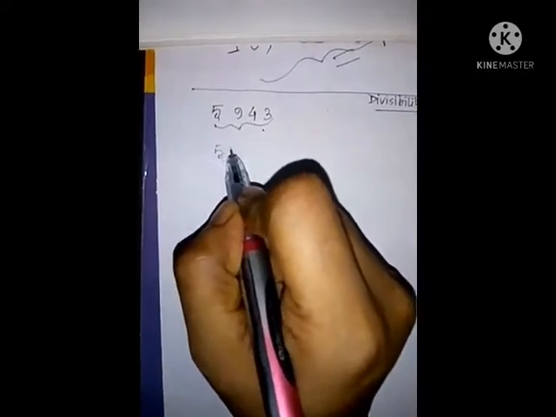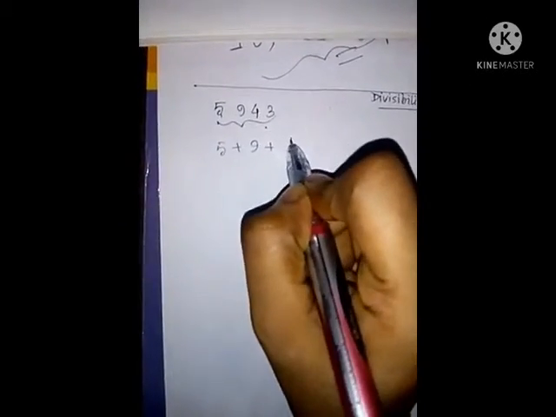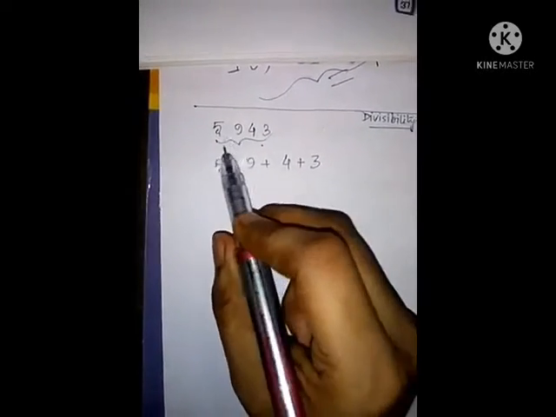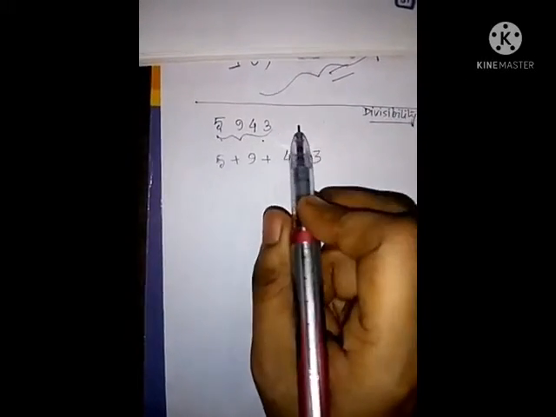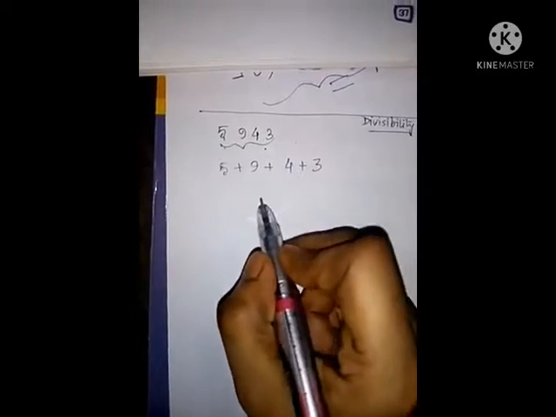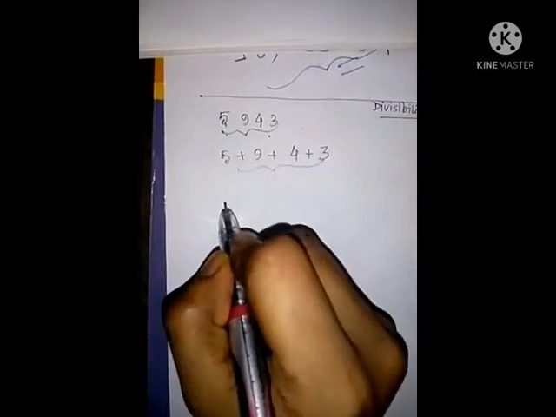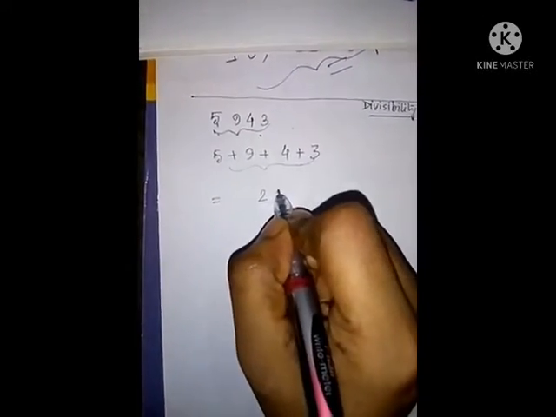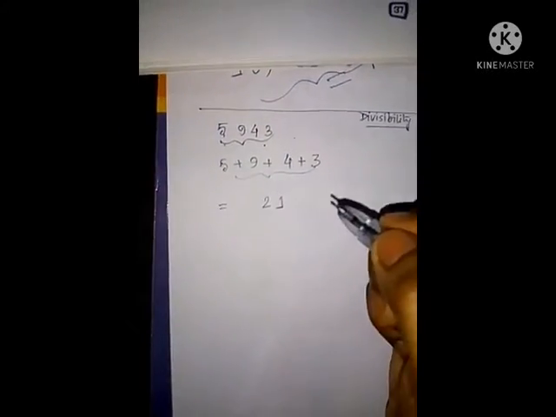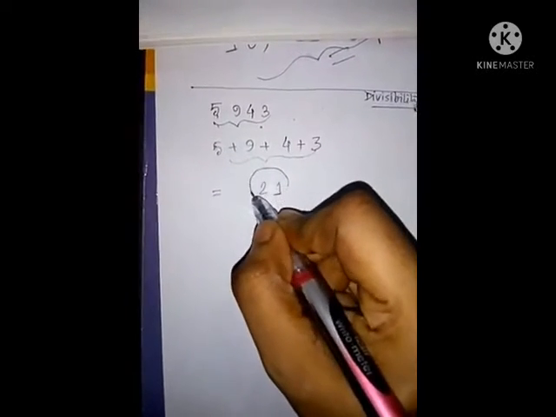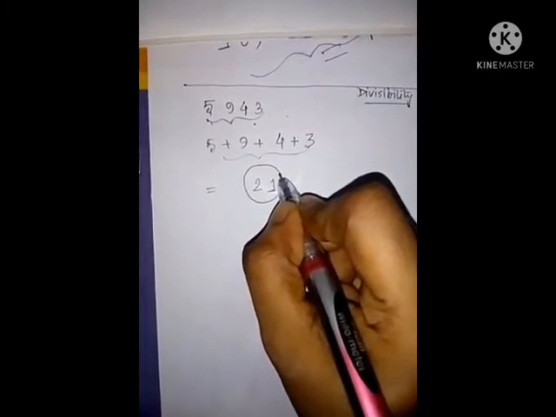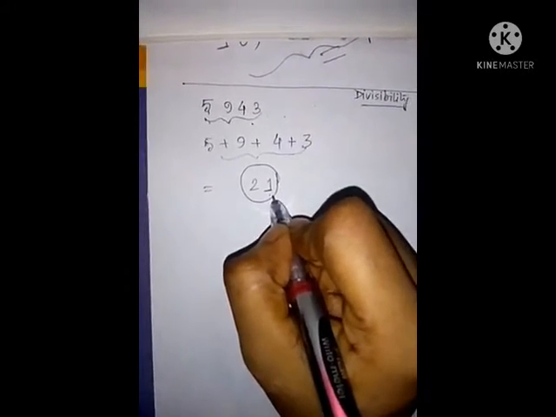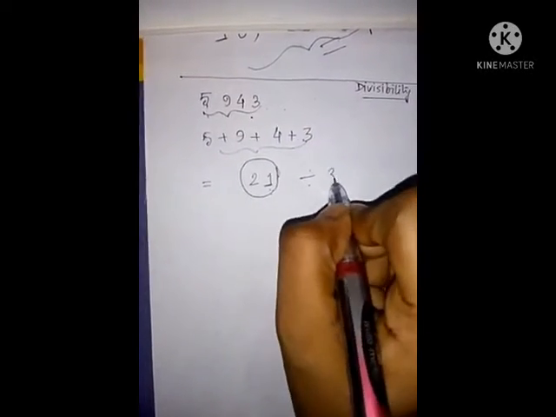See, 5 plus 9 plus 4 plus 3. First of all, we have to add all the digits in this number. After that, we have to find the result. The result here is 21. Now we have to check whether this 21 is divisible by 3 or not. We know that 21 is divisible by 3.